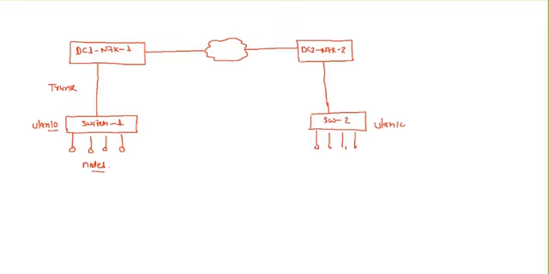I mean the VLANs are extended. The same VLAN 10 is extended from DC1 to DC2, right, over your IP infrastructure. Which one is the layer 2 switch? Yeah, it is purely layer 2 switch. Okay. And the nodes are connected to VLAN, is it? Yep.